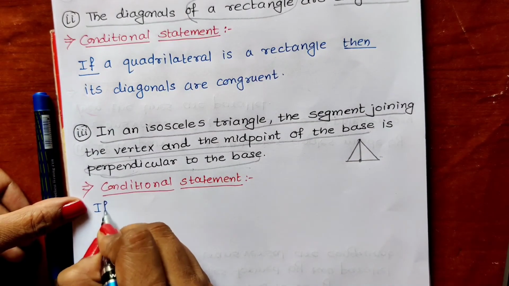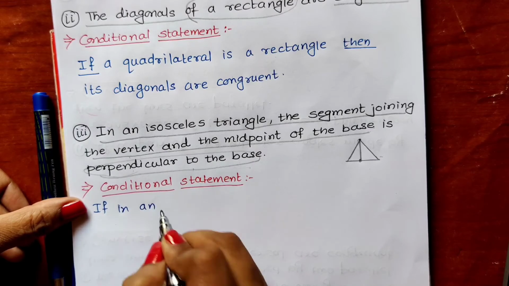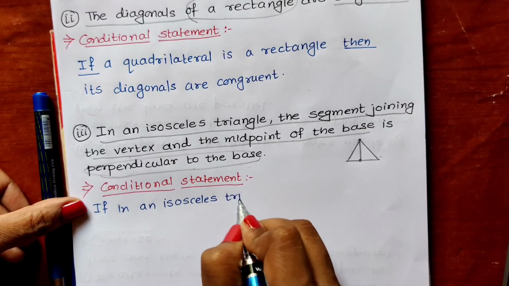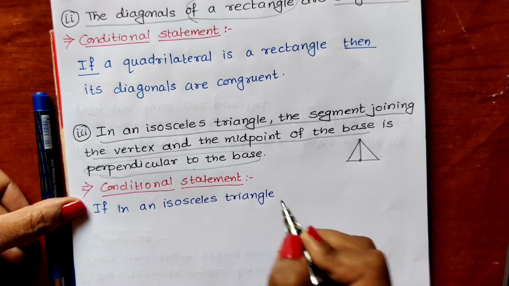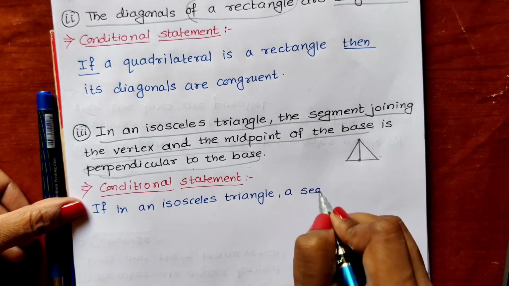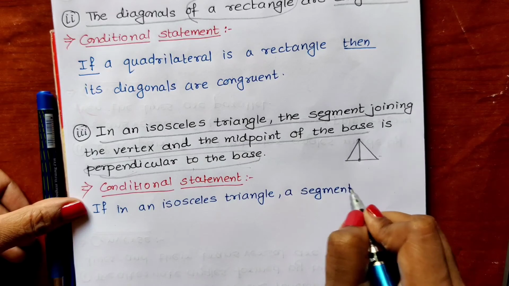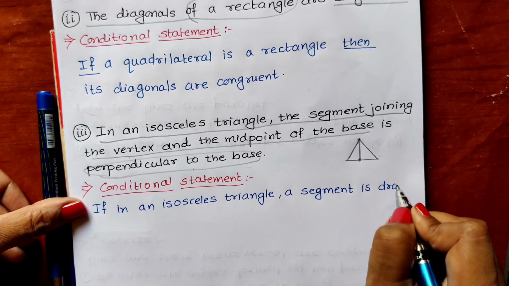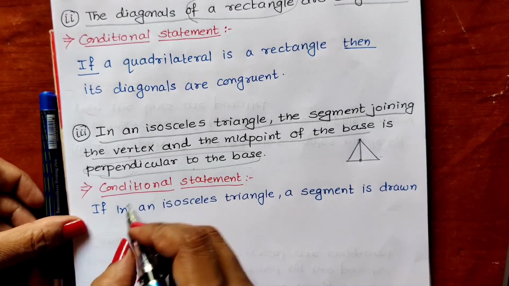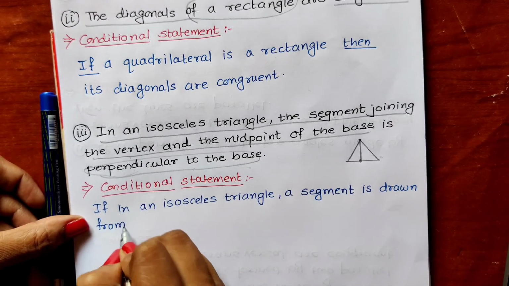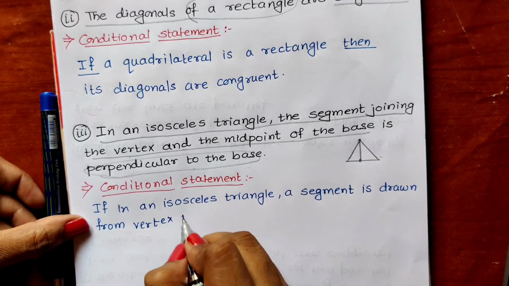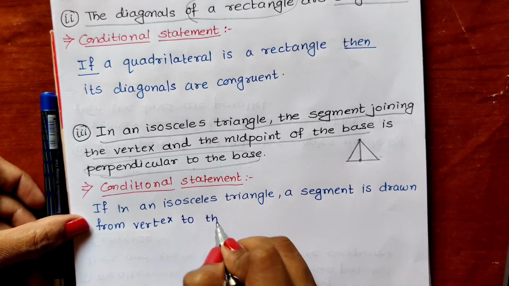If in an isosceles triangle, a segment is drawn from the vertex to the midpoint of the base.